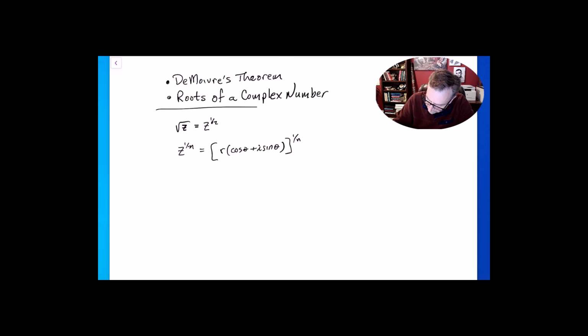Now what DeMoivre's theorem says for radicals like this is that you take r to that root, it's going to be 1/n, and then you multiply times cosine of theta plus 360 degrees times k over n plus i sine, same angle, theta plus 360 degrees times k over n.